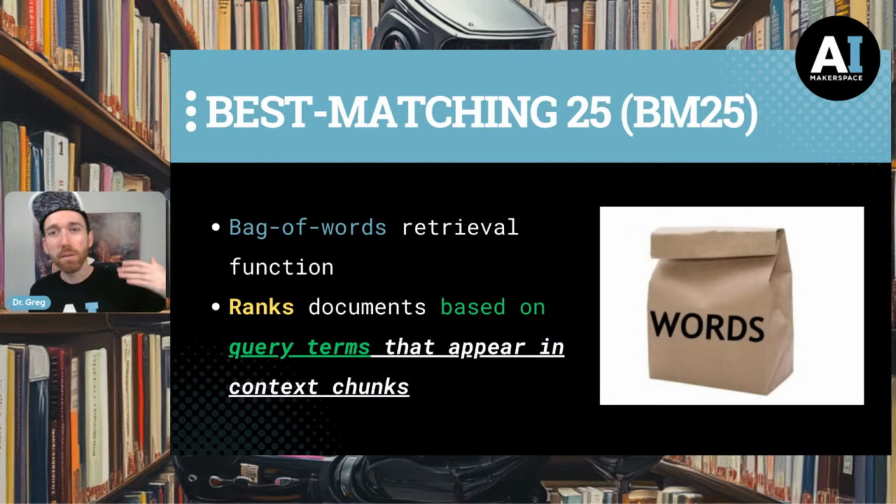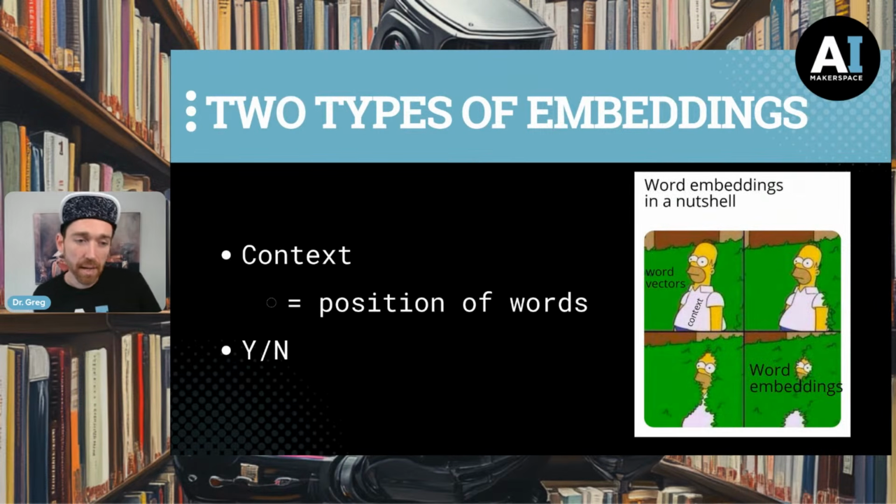Now, going back even a little bit further into classic NLP, we can say in general that there are two types of embedding models. We can look at ones that are looking at the position of words relative to other words, or we can look at ones that just jumble them all together, the classic bag of words approach.